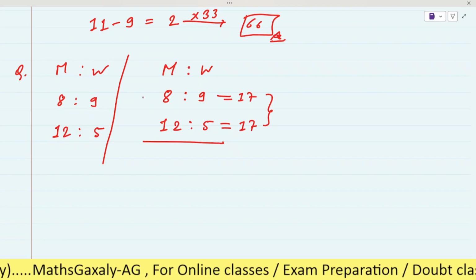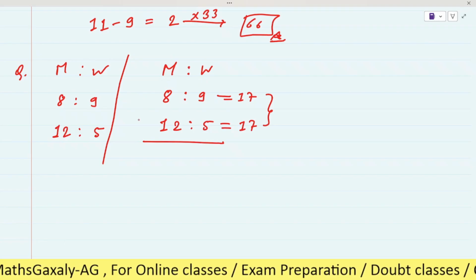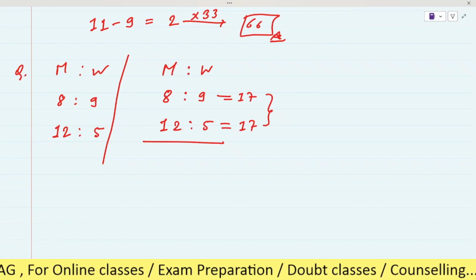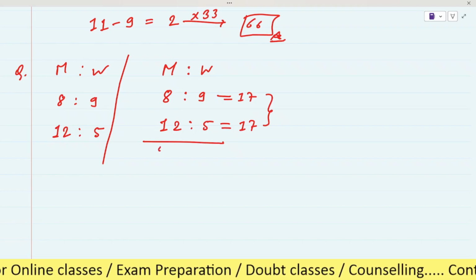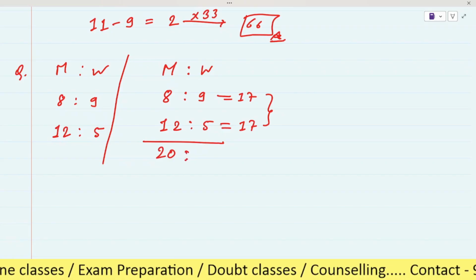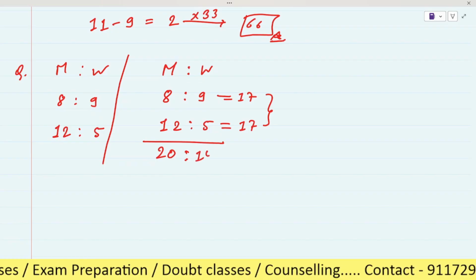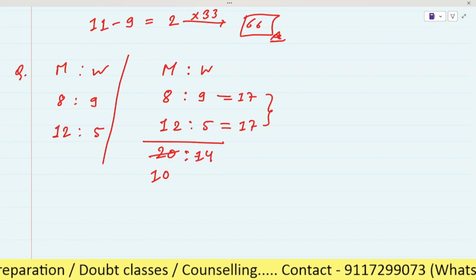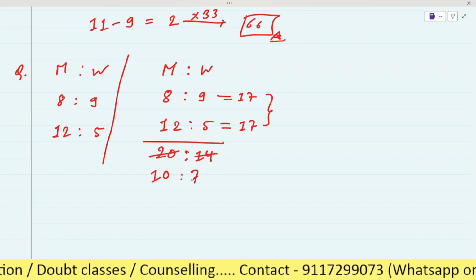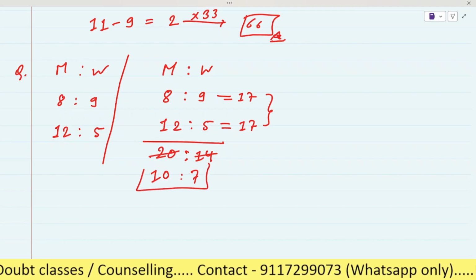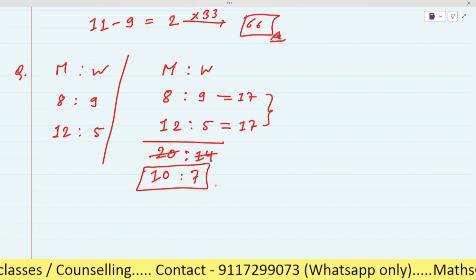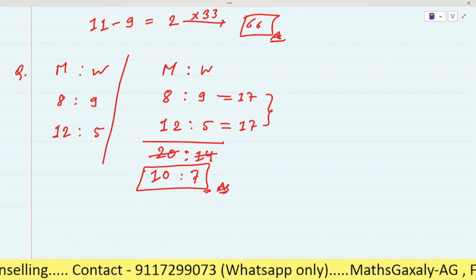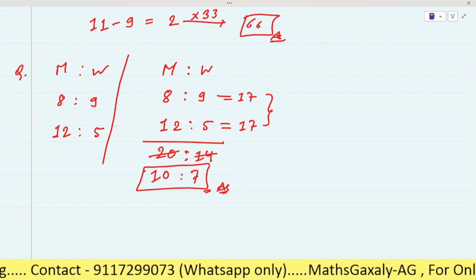When you add these two containers in a third container, you just add them: 8 plus 12, the milk becomes 20, and 9 plus 5 is 14. Now form the simplest ratio, which will be 10 is to 7. So the ratio of milk and water after shifting into the same container will be 10 is to 7. That's all.